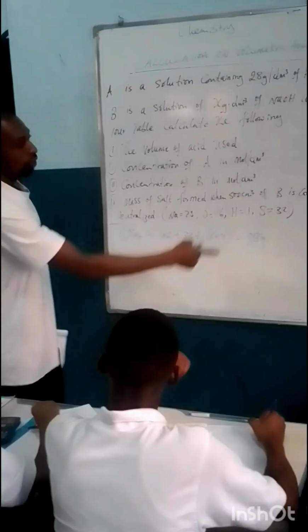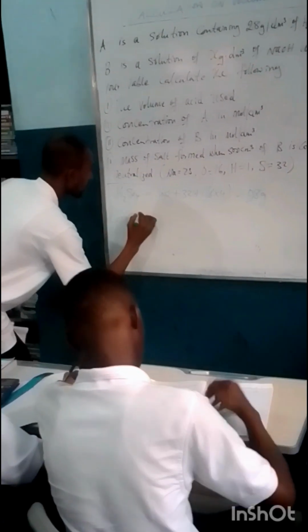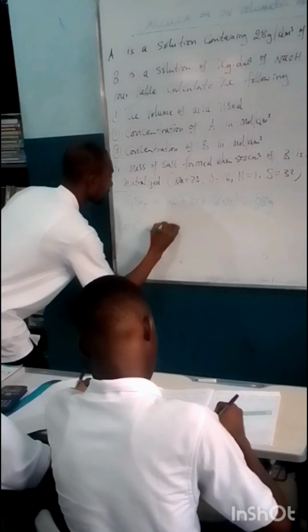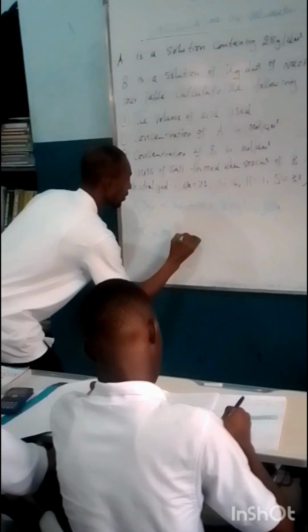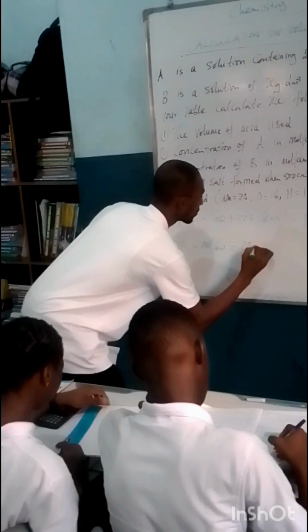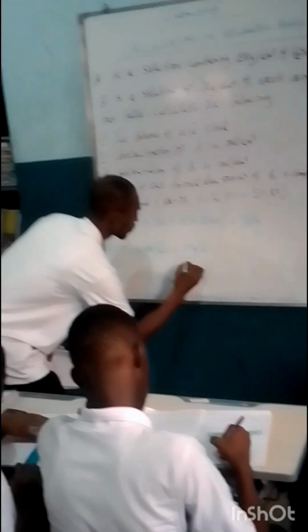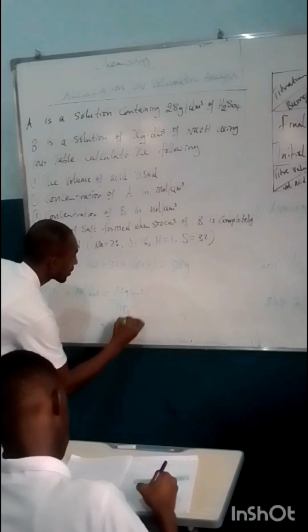Now, the concentration of A in mole per dm cube becomes the mass concentration over the molar mass. The mass concentration has been given, so we have the concentration in mole per dm cube is equal to the mass concentration, which is 28 gram per dm cube, all over the molar mass, which is 98 gram.